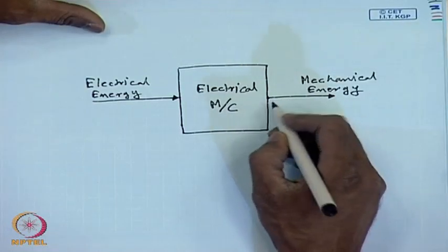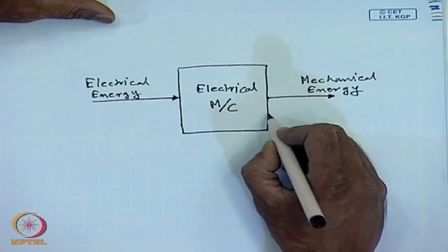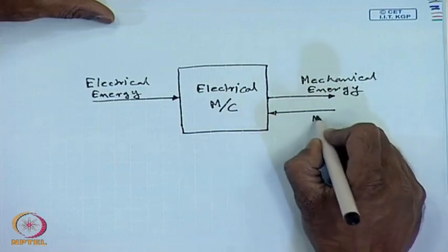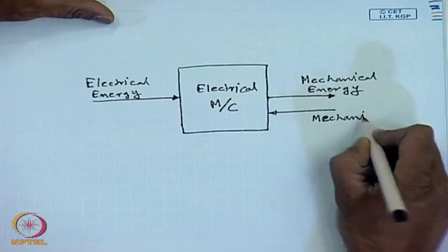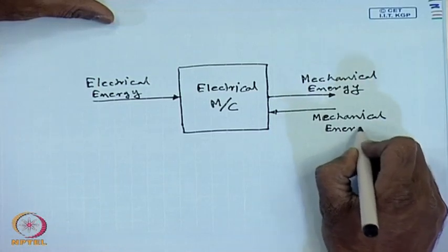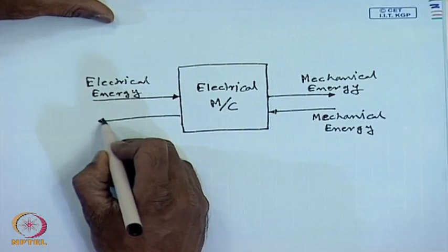Or we can reverse the direction of energy flow, that is, mechanical energy can be input and electrical energy can be output.